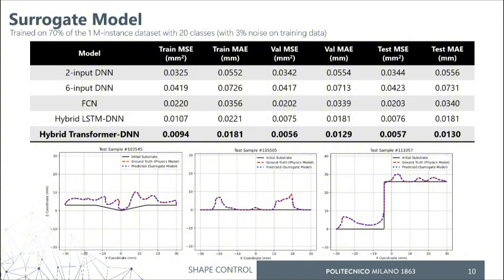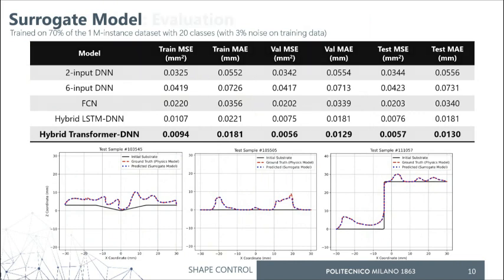And as I expected, the best performance was for the transformer, with a mean absolute error of about 13 micron. Here we can see the difference between the prediction of the physical model and the surrogate model, and the surrogate model could almost capture the physical prediction.